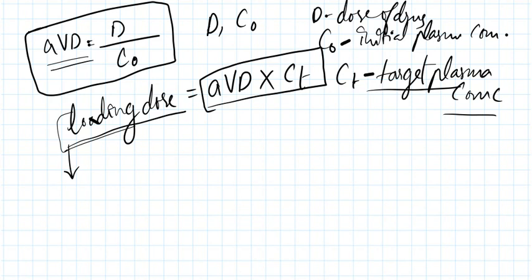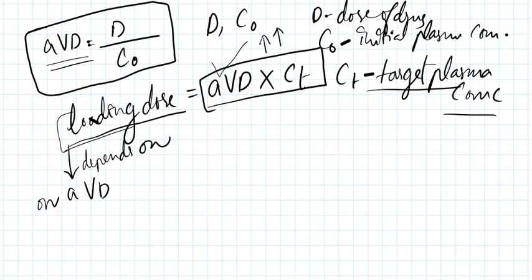Okay, now with this loading dose equation, you can see that loading dose simply depends completely on apparent volume of distribution. For example, if the apparent volume of distribution of the drug is very high, obviously the loading dose also should be very high.